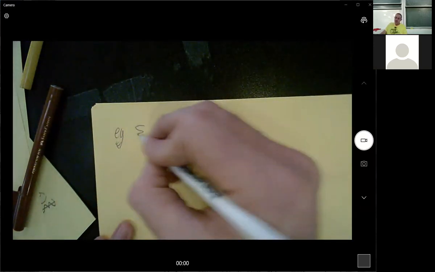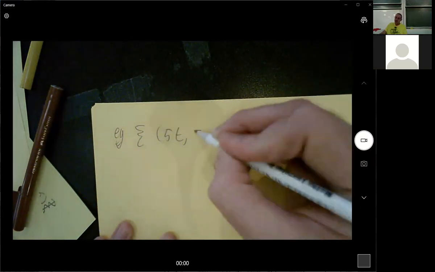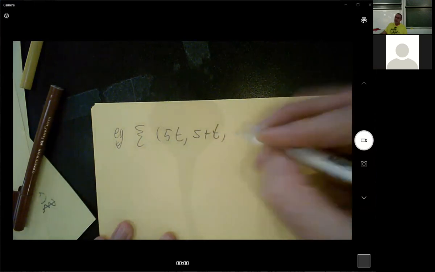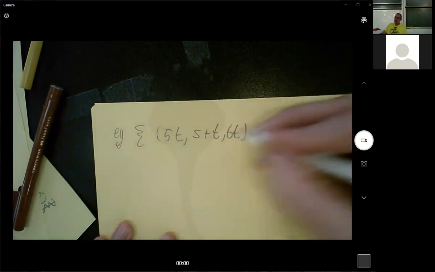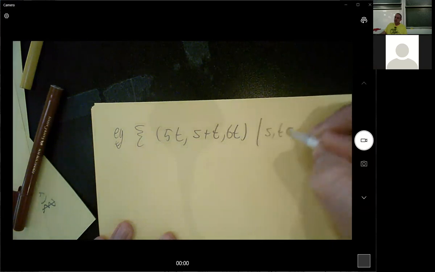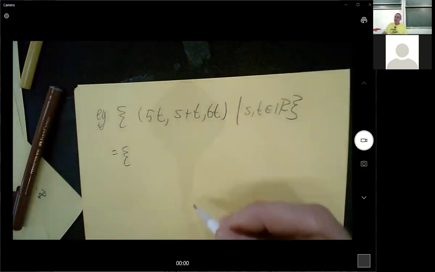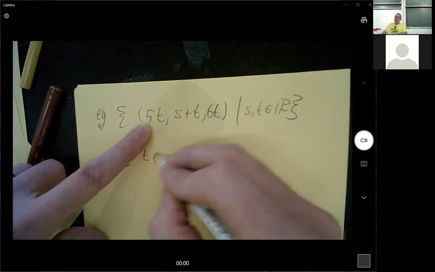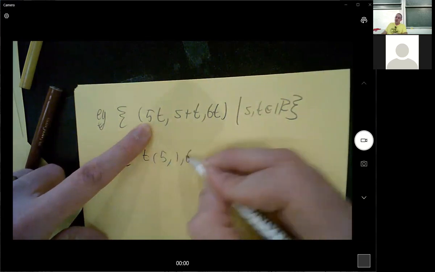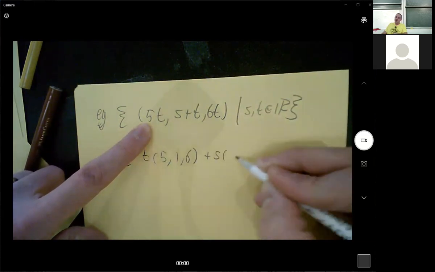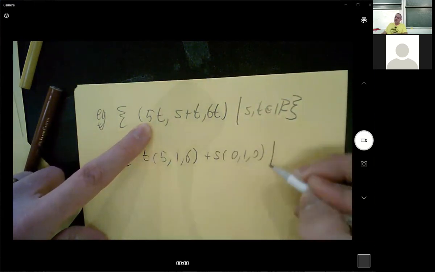So as a very specific example, this set can be written as T lots of (5, 1, 6) and S lots of (0, 1, 0).